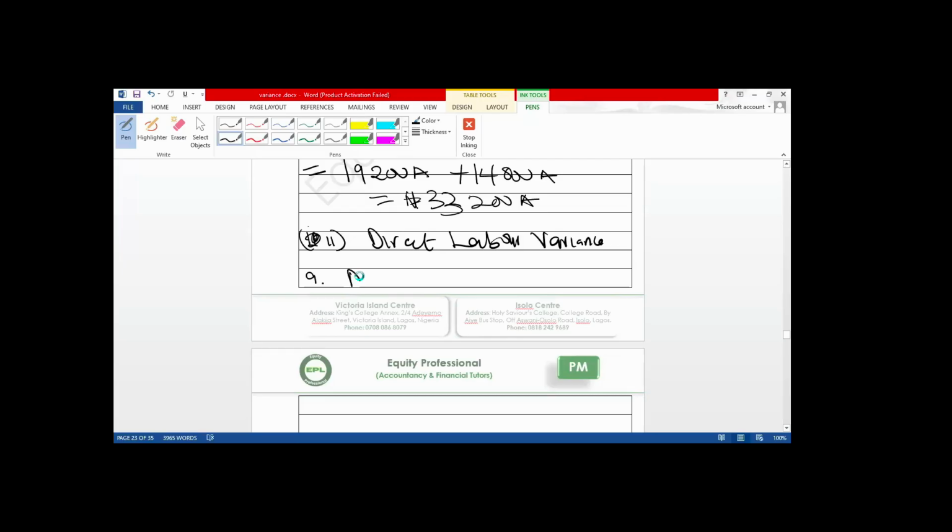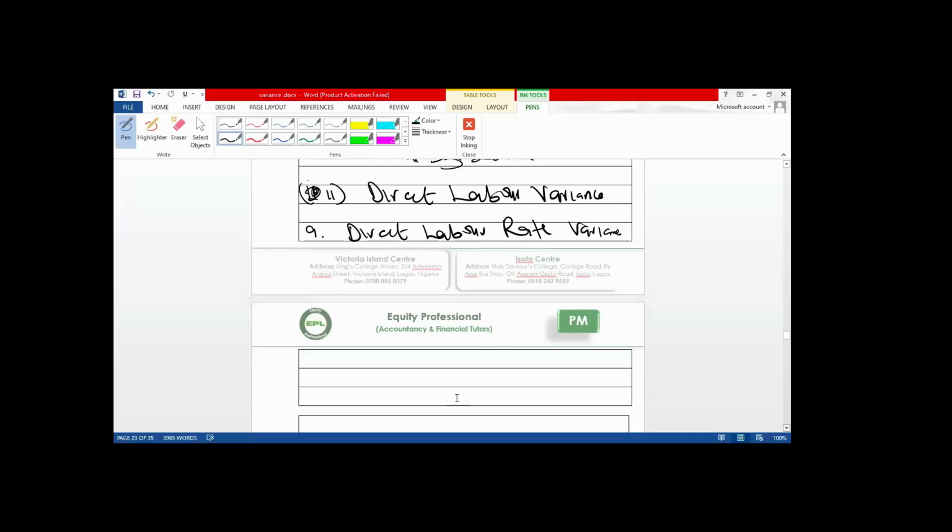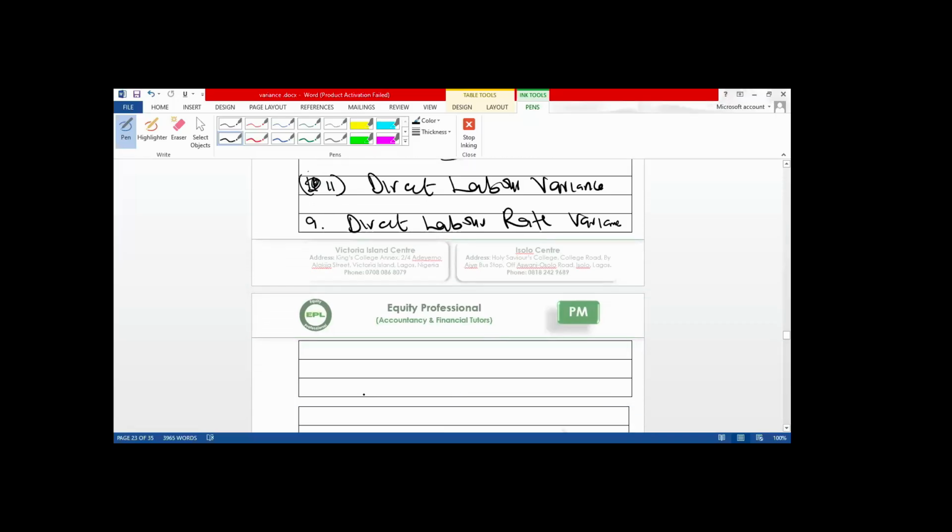We have A, direct labor rate variance. That is standard labor rate minus actual labor rate. Our standard labor rate, go and check, 6 naira per hour. Actual labor rate, check, 6 naira 40 kobo.